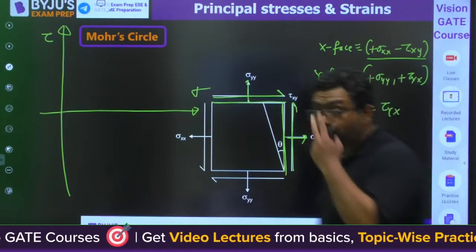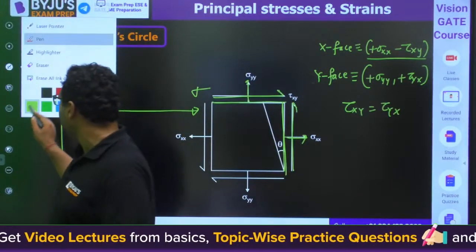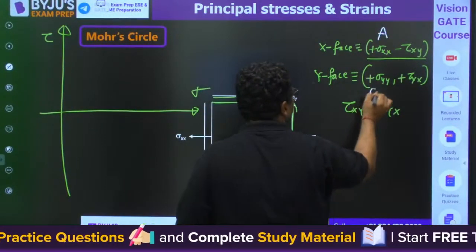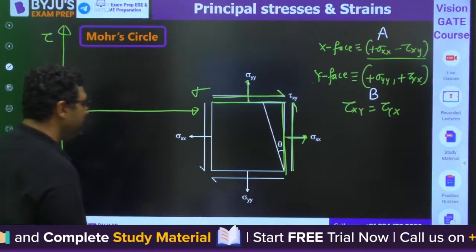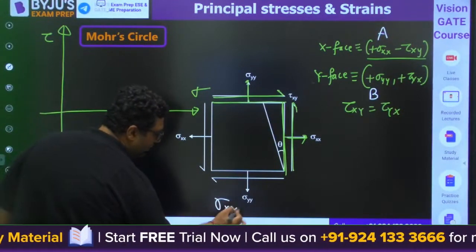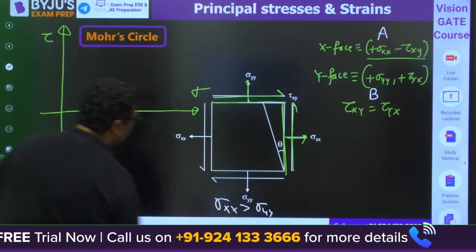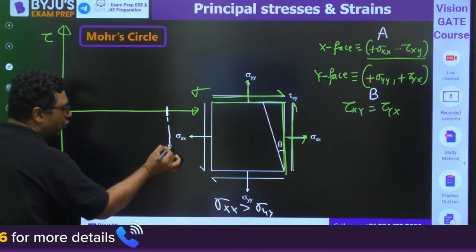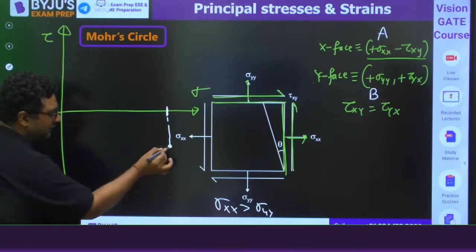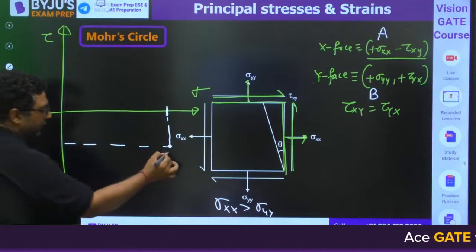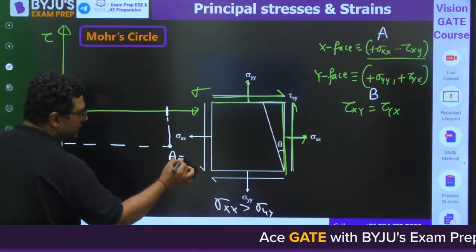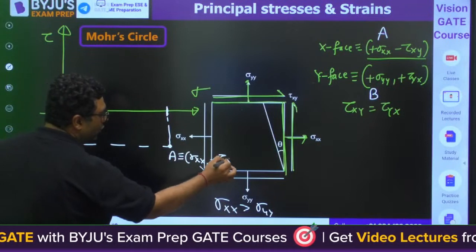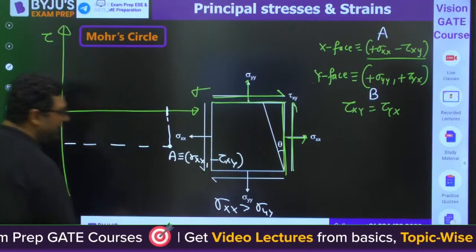So when you are going to plot these points A and B, this is point A, this is point B. Let us assume sigma XX to be more than sigma YY. So this is sigma XX, and if I go down by tau YX, I will get the point A. So point A is sigma XX, minus tau XY or YX, as they are equal.